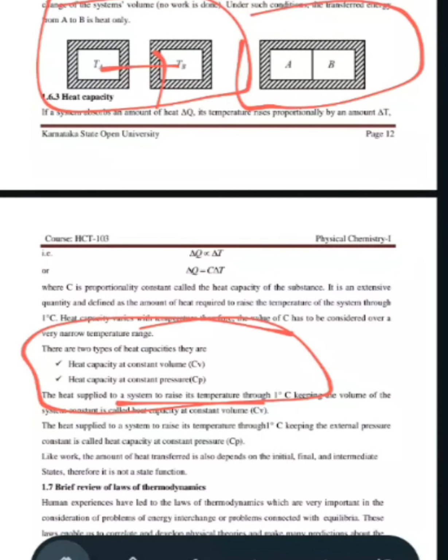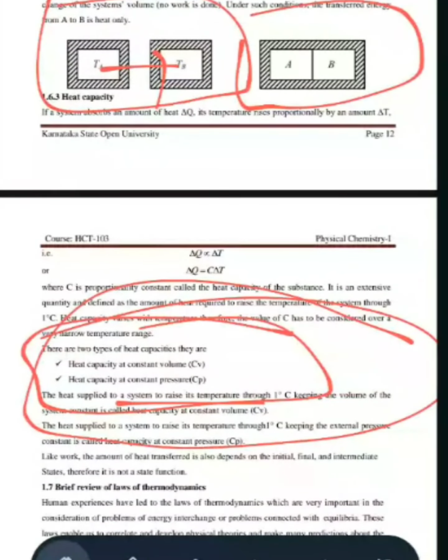We are only varying the temperature, with respect to constant volume, that is CV. For constant pressure, we keep pressure constant and vary the temperature. So that is the heat capacity with respect to volume and pressure, that is CV and CP.